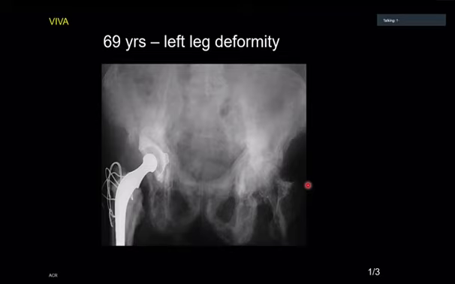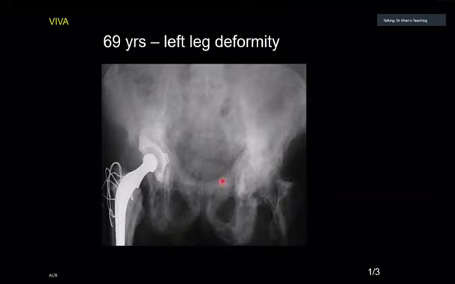Paget's with malignant transformation. And why do you say malignant transformation? The left pelvis appears to be very expanded and possibly some periosteal reaction. Okay, not convincing actually. The point is, this kind of a case is diffuse Paget's disease.